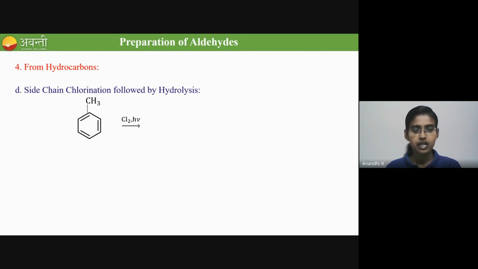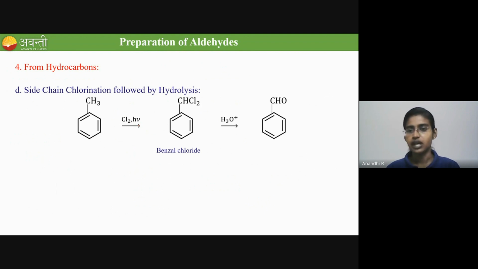And when you treat toluene with Cl2, it forms C6H5CHCl2. This intermediate is benzal chloride. This on acid hydrolysis forms benzaldehyde. Clear? So it's one of the very easiest reactions. So from toluene to benzaldehyde using side chain chlorination followed by hydrolysis.